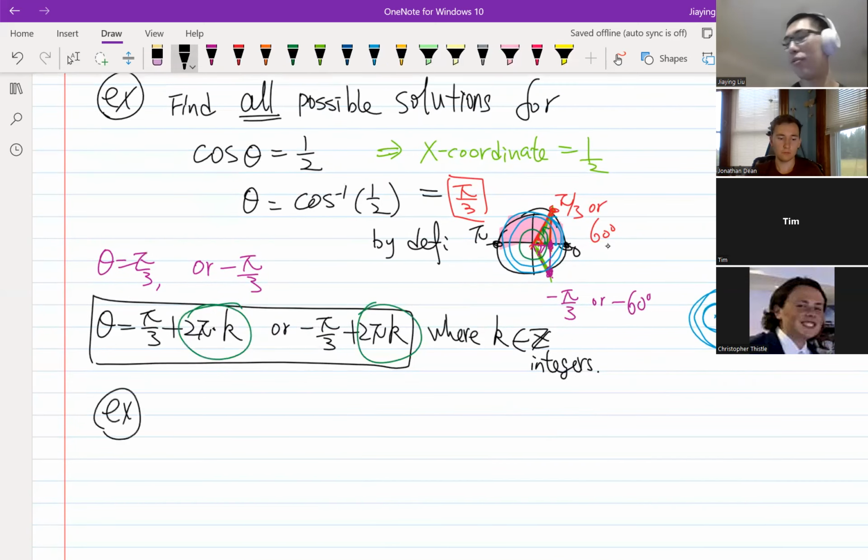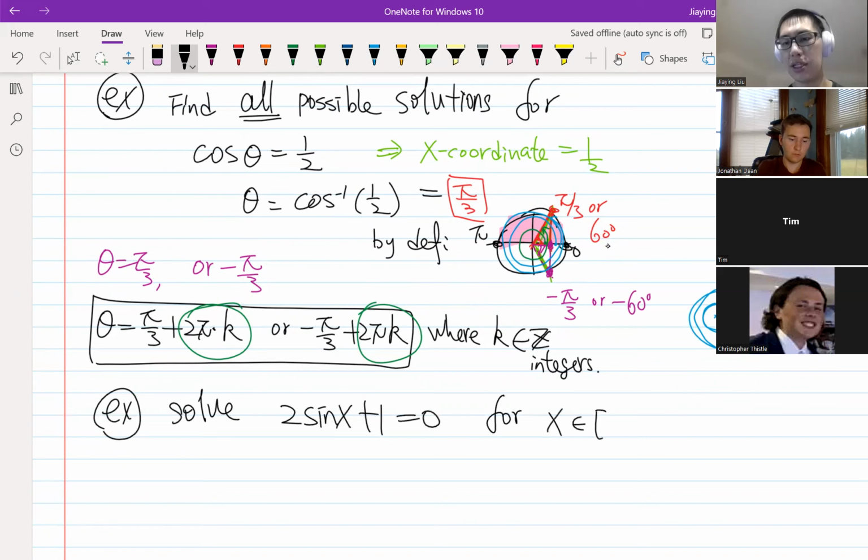All right, the second example I have is we're going to solve 2 sine x plus 1 equals 0 for x inside the interval 0 to 2 pi. So here it's not looking for all x values. It's only for x values from 0 to 2 pi.